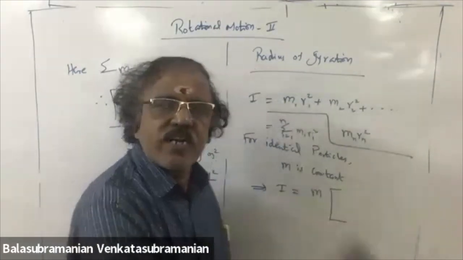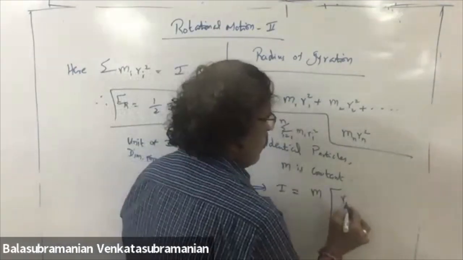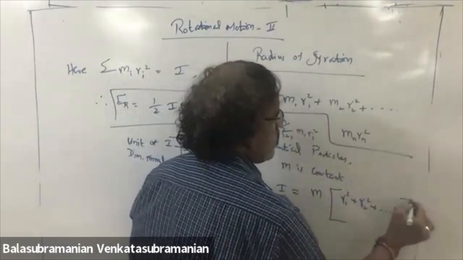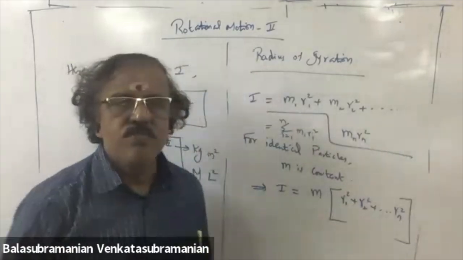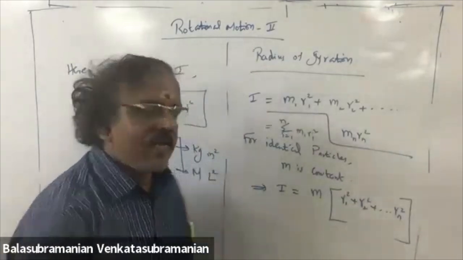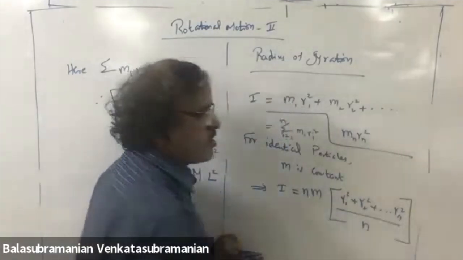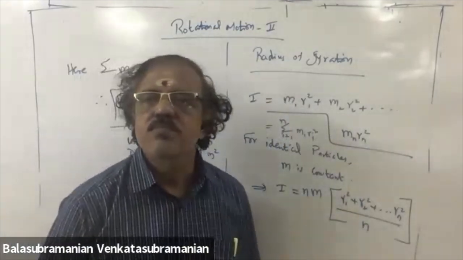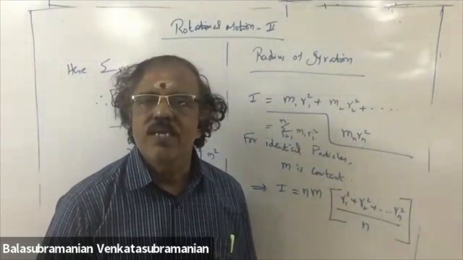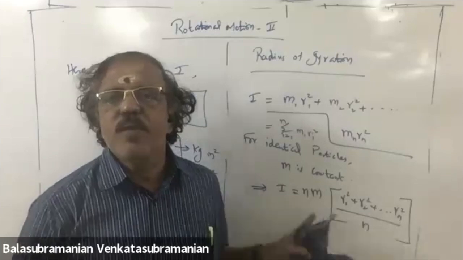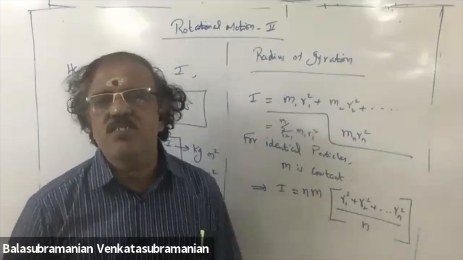So m is constant, take it out: r1 square plus r2 square, etc., rn square. You multiply by the number of particles and divide by the number of particles. N is the number of particles present in the rigid body. You multiply and divide by n, so the value will not change.